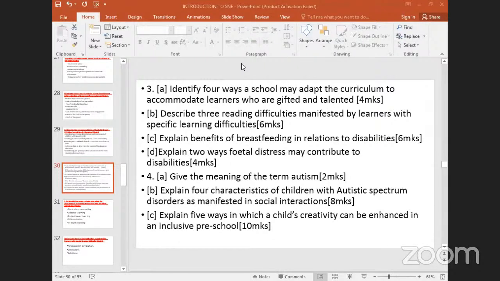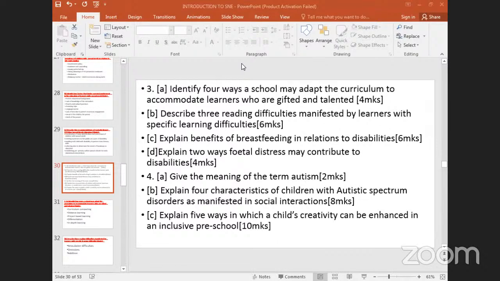So what is another synonym of adapting? Changing. Yes, changing. Modify. Yes, changing, modify. Adapting is to suit learners who are gifted and talented.